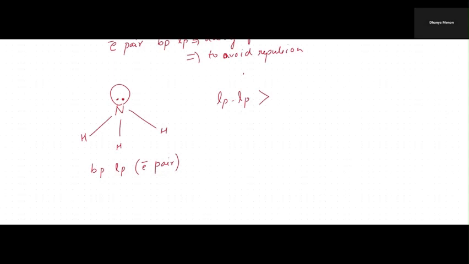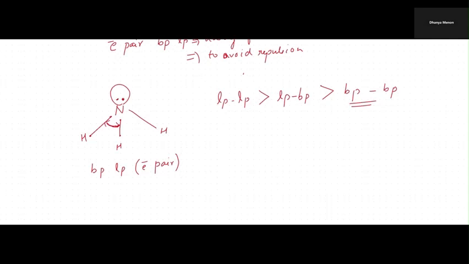Just understand this now, we will be doing examples. The repulsion between lone pair and lone pair is more than lone pair and bond pair, which is more than bond pair and bond pair. So bond pair repulsion is minimum. This is one bond pair, this is one bond pair, so the repulsion between them is minimum.